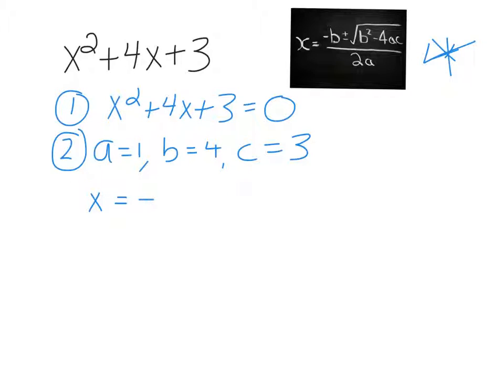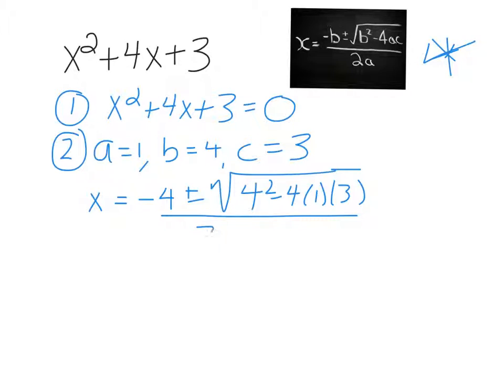It's going to be equal to negative 4 plus or minus the square root of 4 squared minus 4 times 1 times 3. All of that is going to be over 2 times 1.